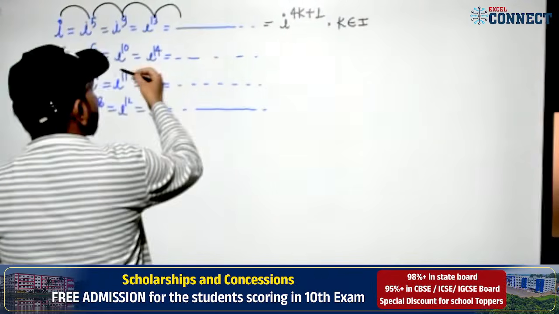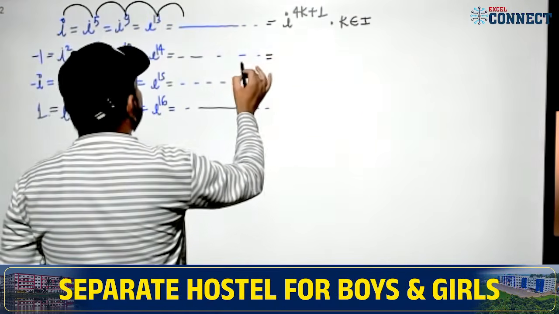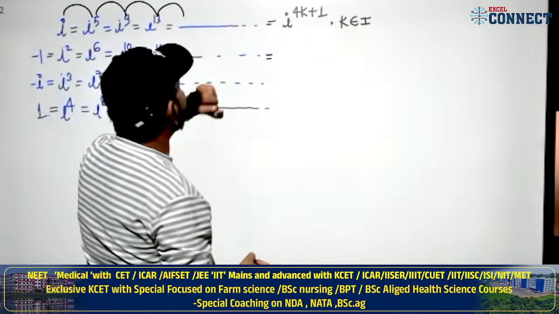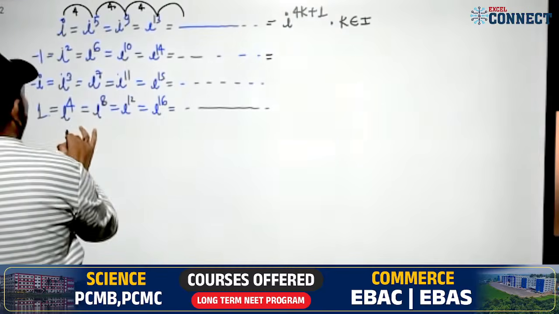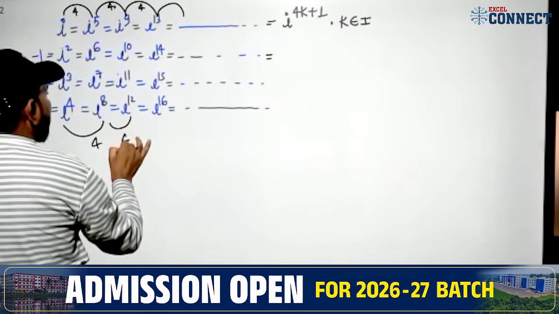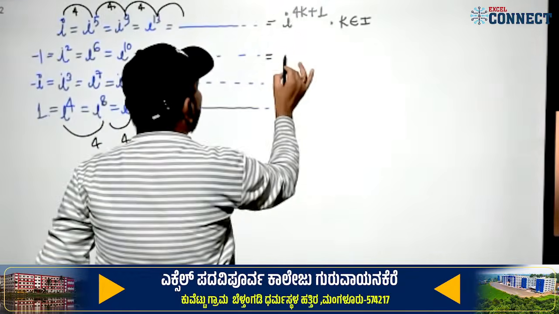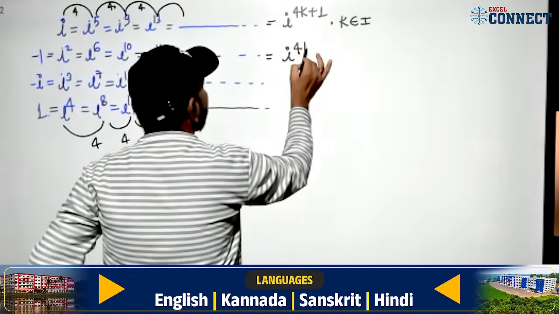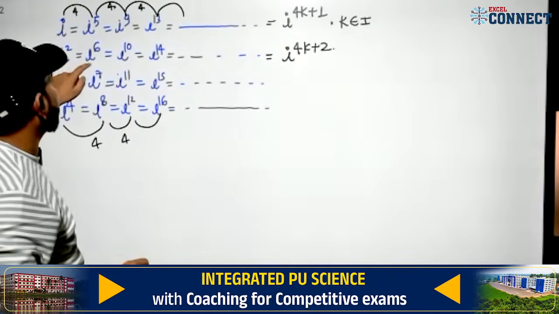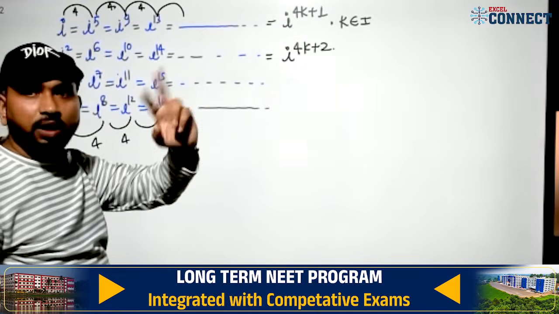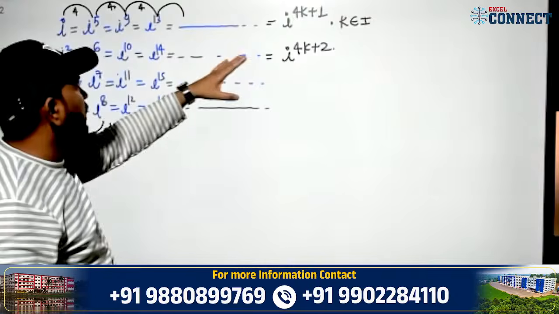Now you can say here this is i to the power, I am writing because 4 gaps are there. Here also see 4 gaps are there. So I will write in terms of 4k. Now tell me i to the power 4k plus what? 2. 2 is extra: i to the power 2, i to the power 6, 4 table 4, 8, 12, so 2 extra like this.